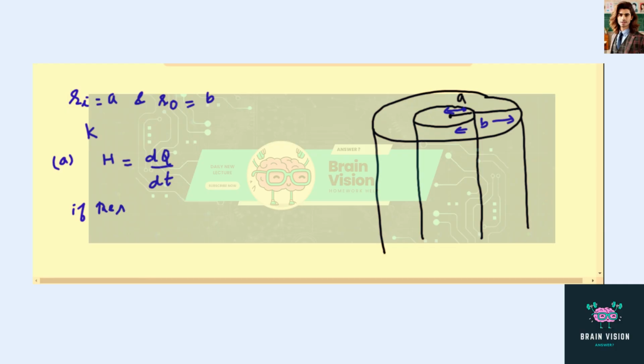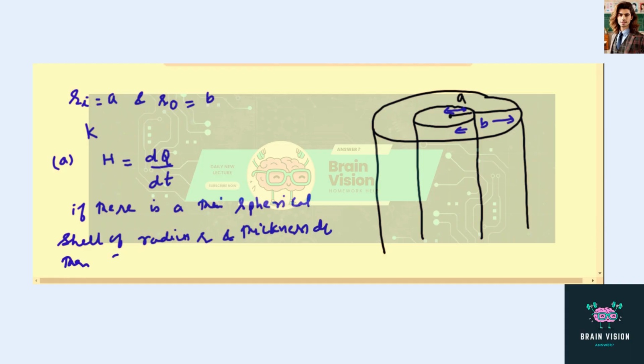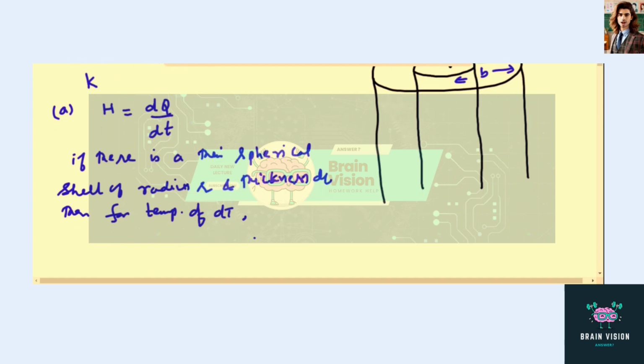If there is a thin spherical shell of radius r and thickness dr, then for temperature difference of dT between inner and outer surface, rate of flow of heat dq upon dt will be equal to k 4 pi r square dT upon dr. This is called the thermal current. Rate of flow of heat is called the thermal current.